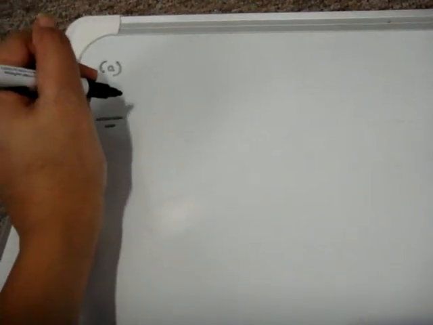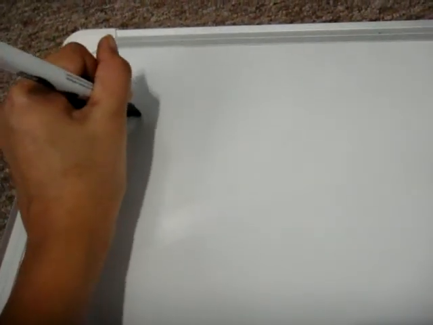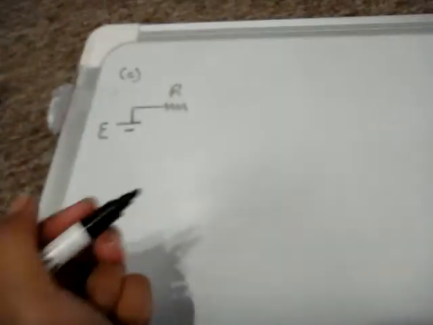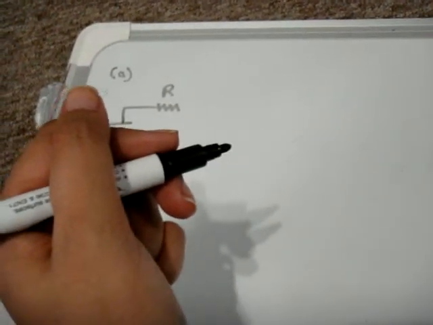So first off, we can start with our emf, which we could draw right here. Now they tell us that it's connected in series with the resistor, so we can draw our resistor right here. Also, they say that the capacitor is in series and there's a switch included.